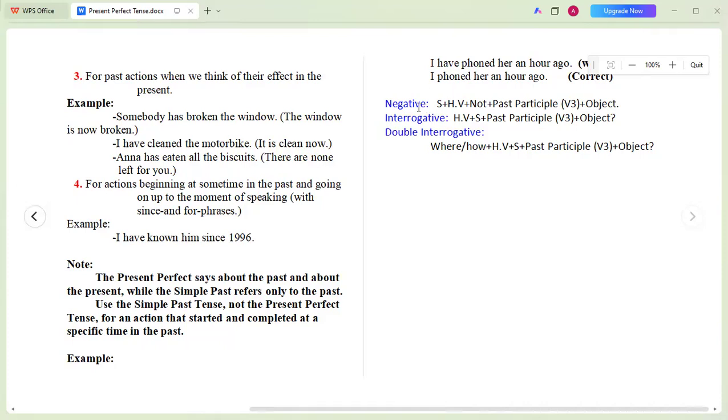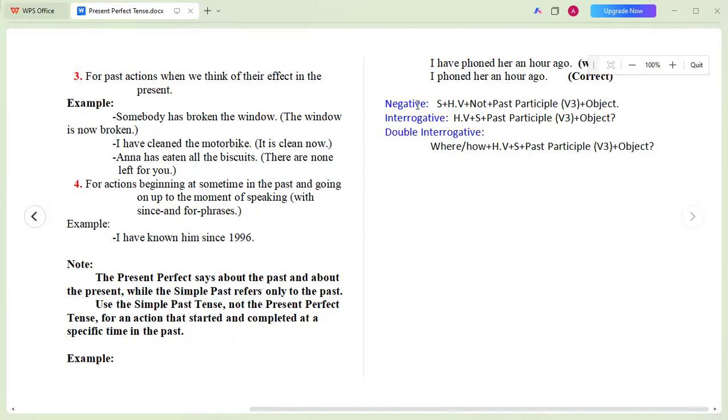So when you convert into negative or interrogative, the structure will be like this. For simple affirmative, you will use subject plus helping verb plus past participle plus object. You will use helping verb has and have. With he, she, it, and singular noun, you will use has.